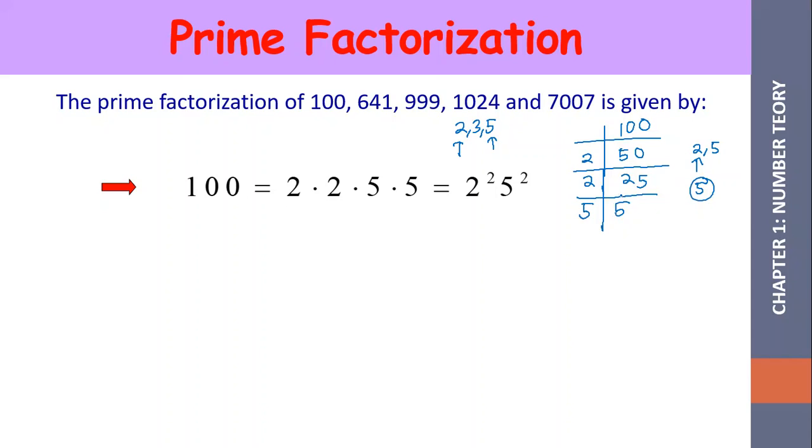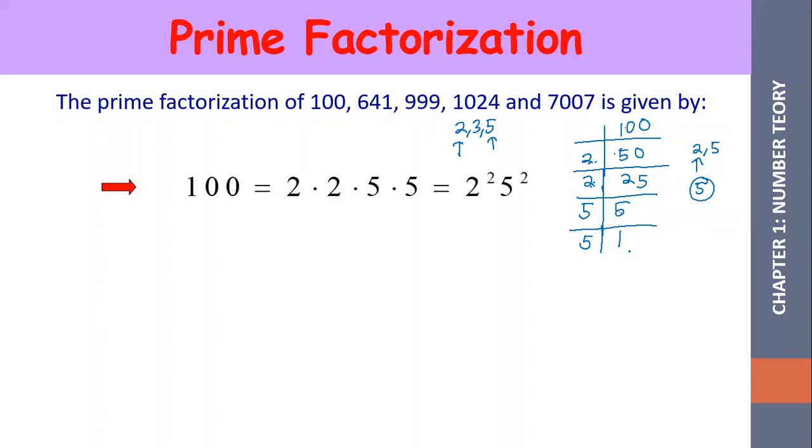So 50 divided by 2 you get 25, divided by 5 you get 5, and 5 divided by 5 gives 1. When do you stop?